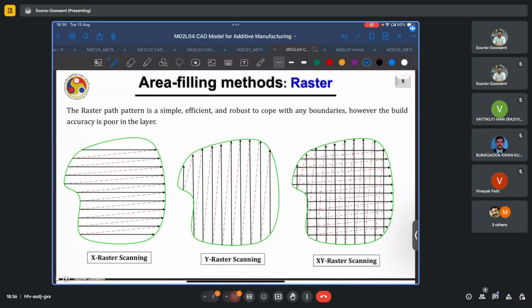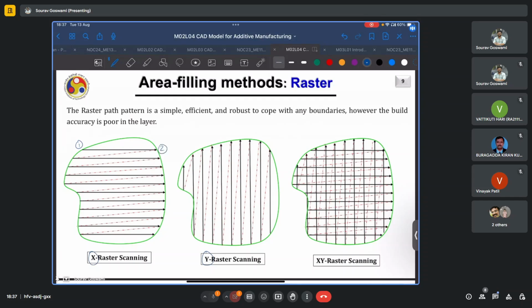Now, another area filling method is the raster type of method, which is perhaps the most elementary, and we must have encountered it some way or the other. Here, what happens is your deposition head starts at one position, let us say it is point 1, moves parallel to either the x-axis or the y-axis, and goes to the other end of your contour to point 2.